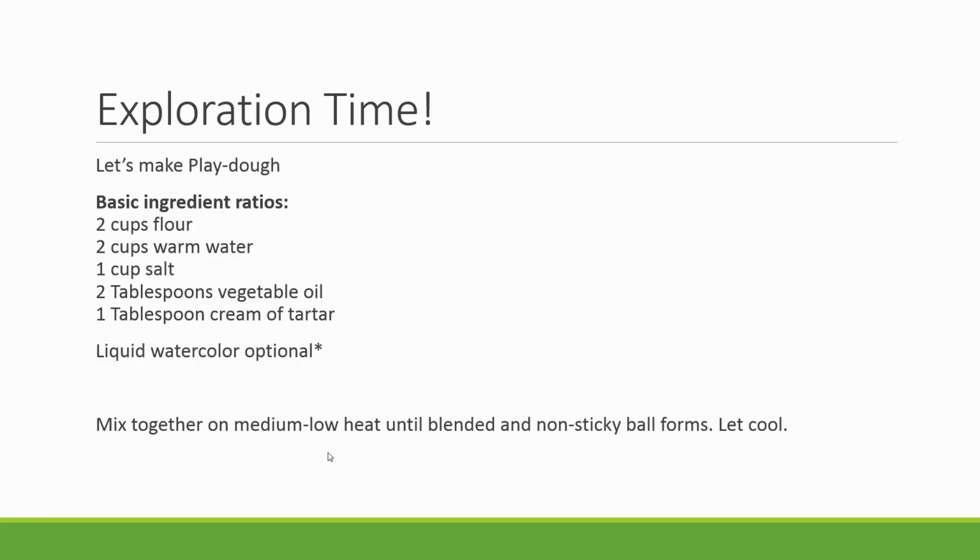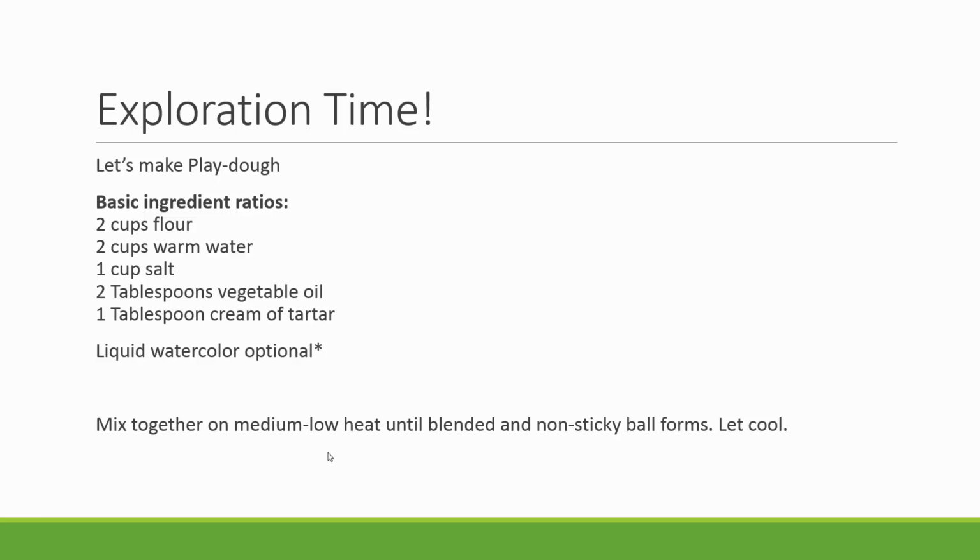Now, you may not be able to do the heated Play-Doh, but you could at least mix everything together and then you can cook it separately away from the children. But you can talk about measurement, you can talk about what the ingredients looked like before and then after the heated process, as well as the properties of the ingredients themselves. The children could even choose what color they want to make it.